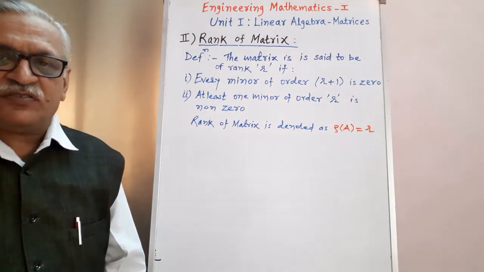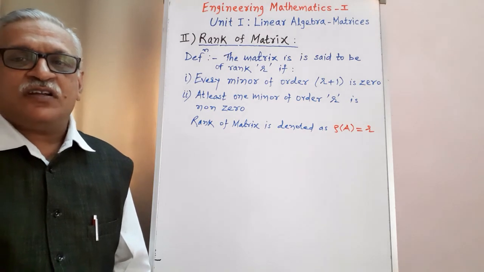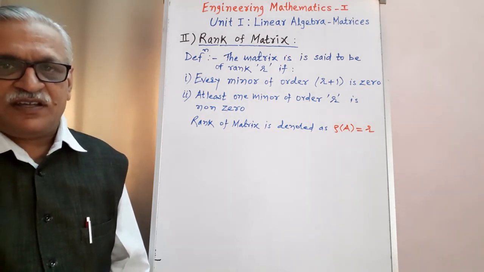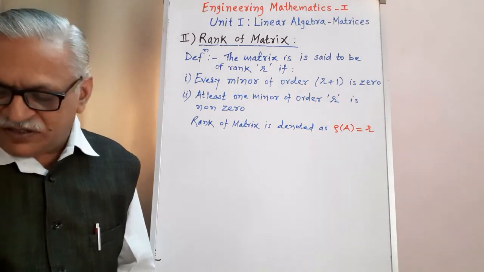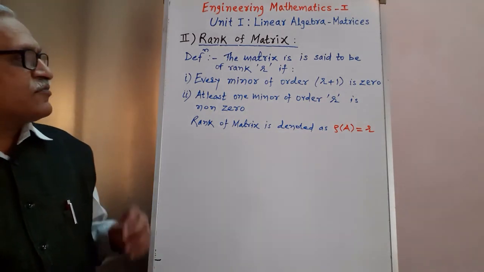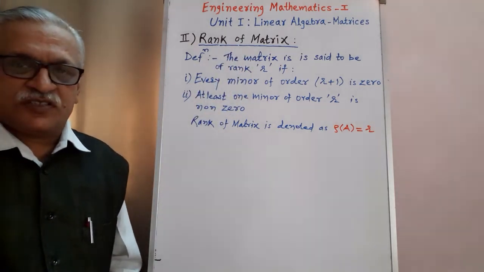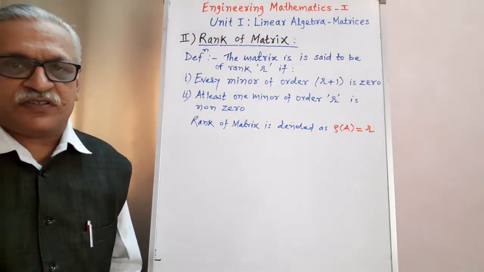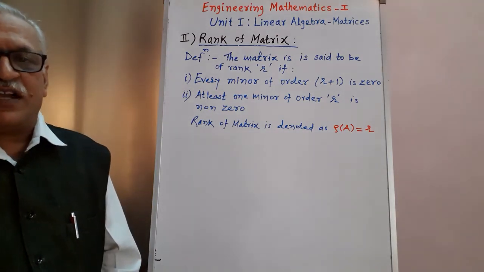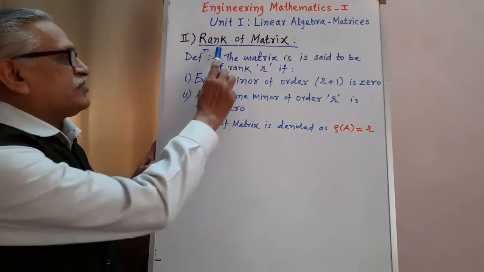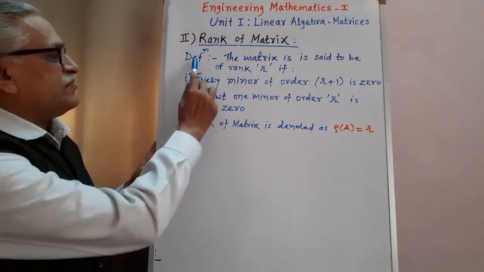It is important because the main application of matrix is to solve linear simultaneous equations, and while obtaining the solution of those equations, we take the help of this concept of rank of matrix to discuss the consistency of the equations. Consistency means whether a solution exists or not, that we can decide with the help of this concept of rank. Therefore, let us define this term rank.